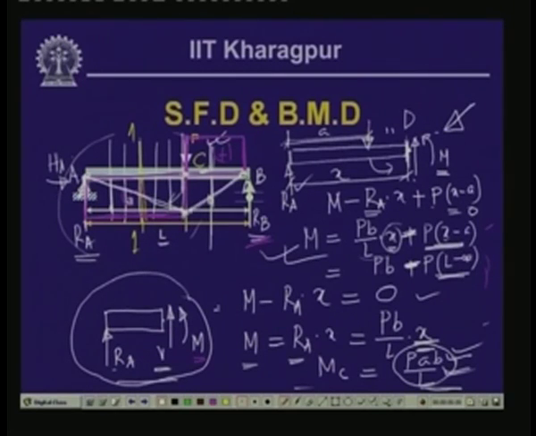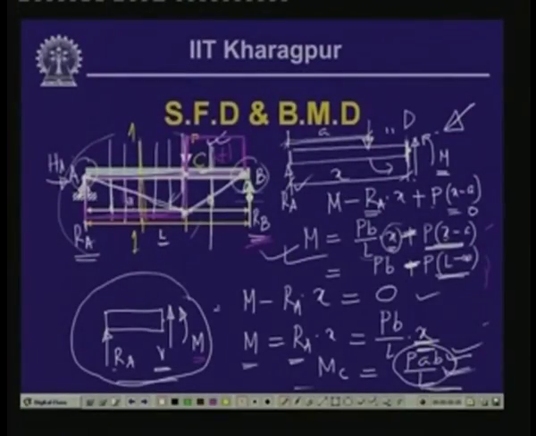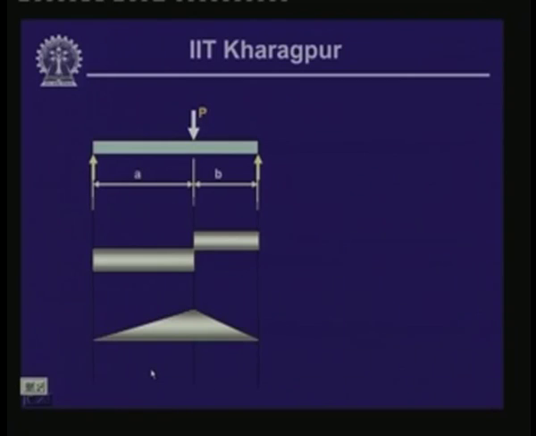As is expected, at the roller support and at the hinge support, the moment carrying capacity is 0. So the values of the bending moment at the hinge support and the roller support are expected to be 0. The variation of the bending moment along the length of the beam, as we can see, is in this triangular form, and this is what has been indicated over here.